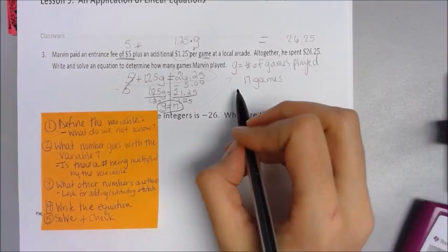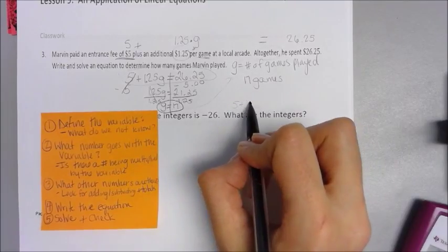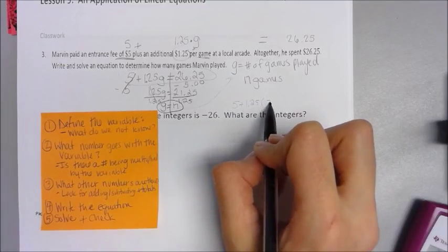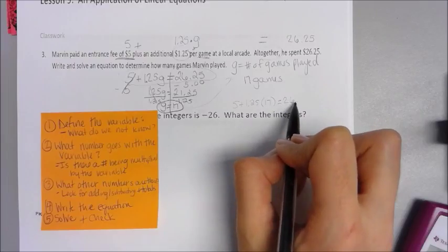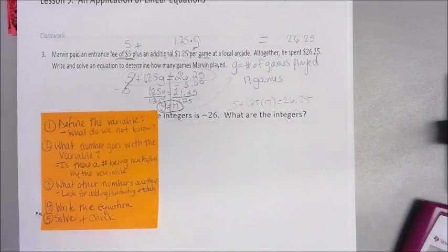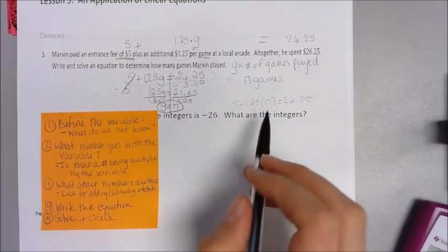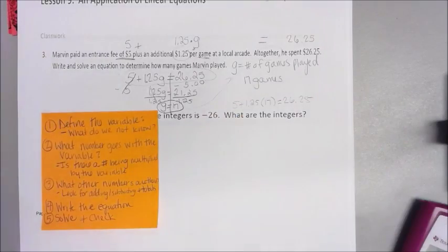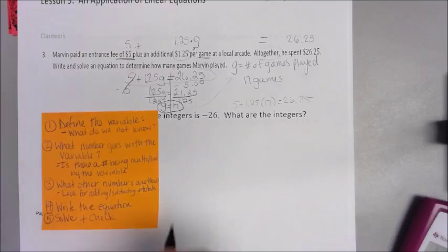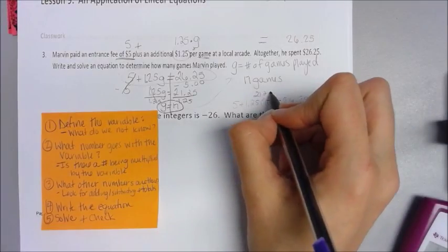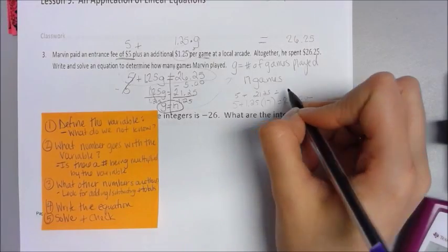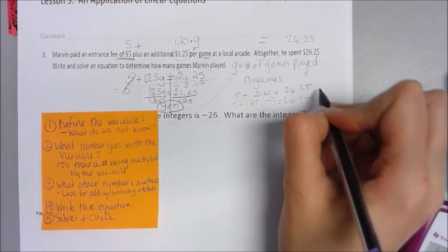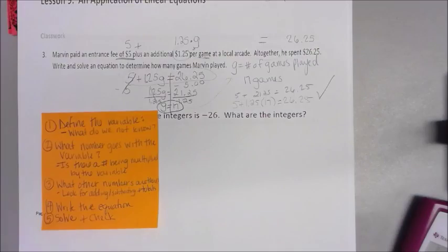So I'm going to do 5 plus 1.25 times the 17 and see if that equals 26.25. And $1.25 times 17 is 21.25. Plus 5 is equal to 26.25, so I know I got this one correct.